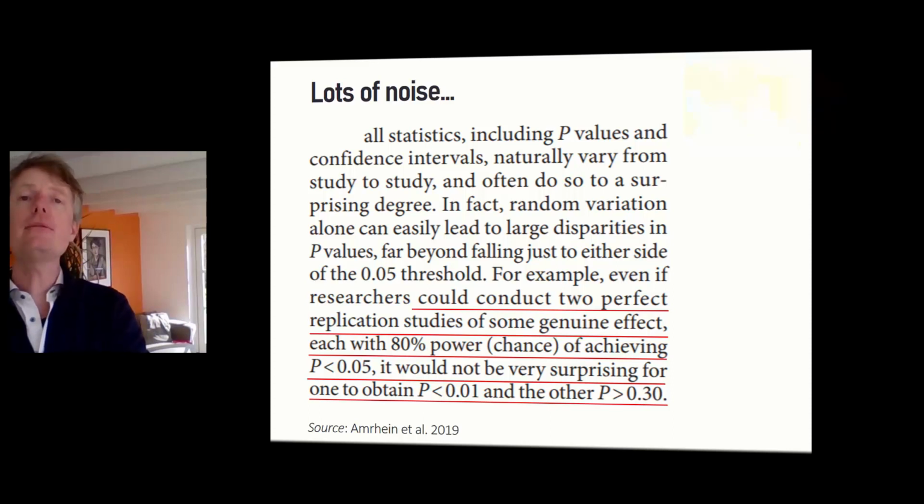For example, even if researchers could conduct 2 perfect replication studies of some genuine effect, each with 80% power, a chance of achieving a p-value of lower than 0.05, it would not be very surprising for one researcher to obtain a p-value of smaller than 0.01 and the other researcher finding a p-value of 0.30."